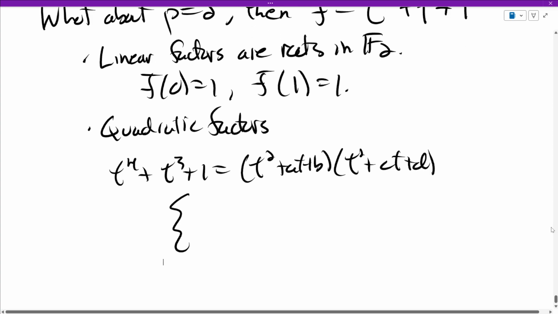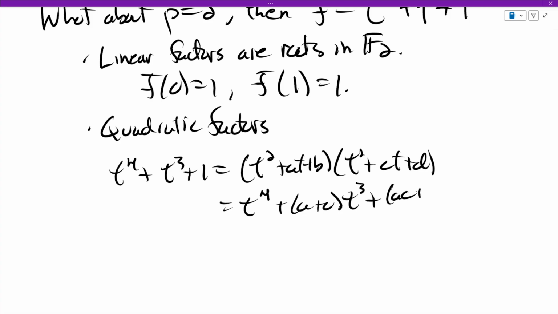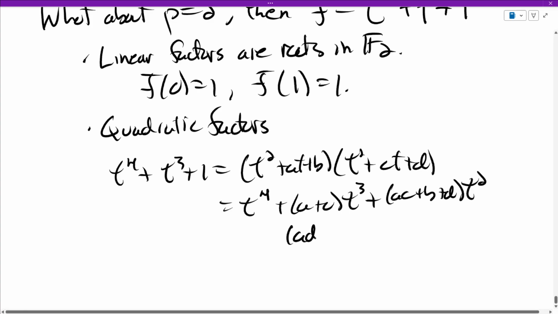Let me multiply this out real quick. So we found something like t to the fourth plus a plus c t cubed from before, plus ac plus b plus d t squared. You're going to do this multiplication lots of times, so there's no harm in doing it more.